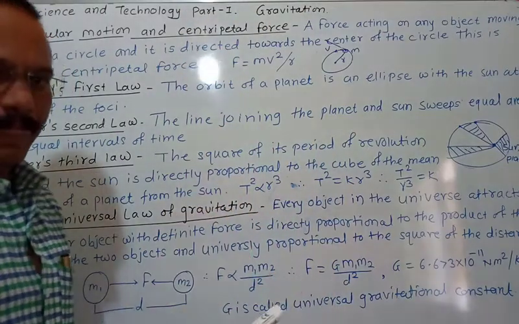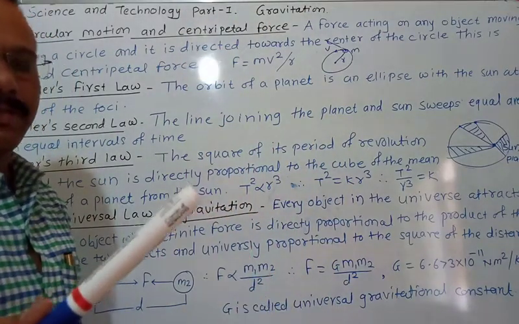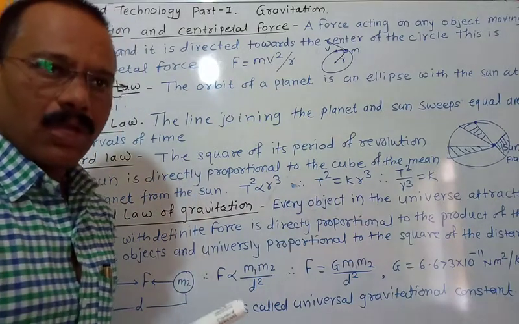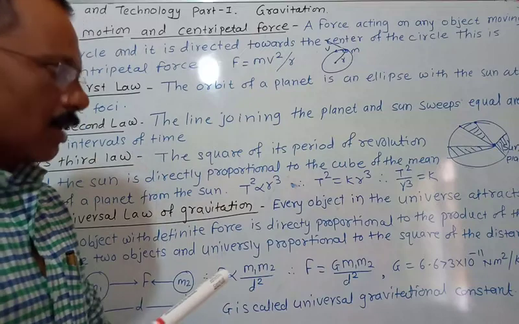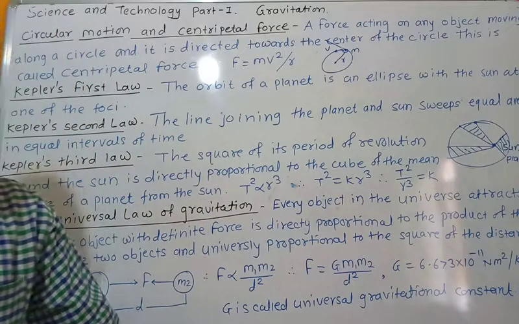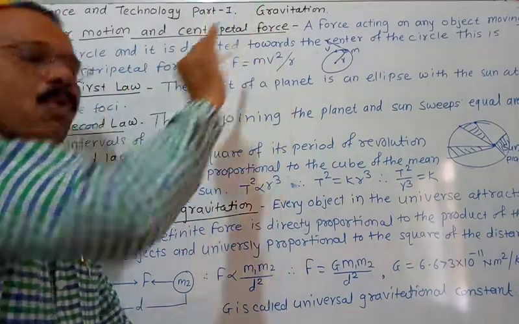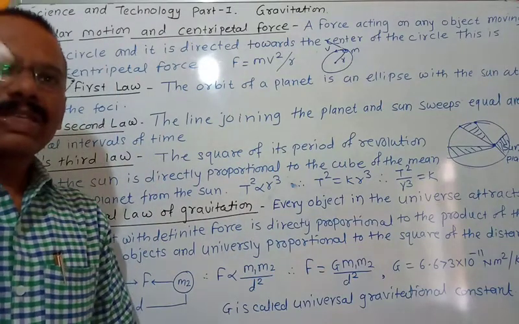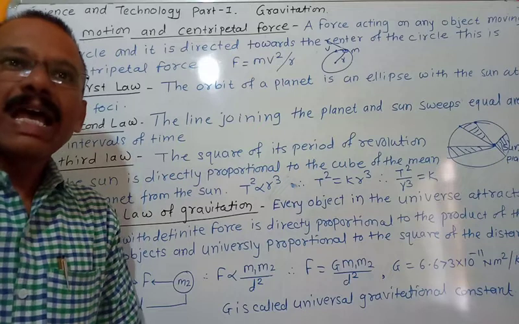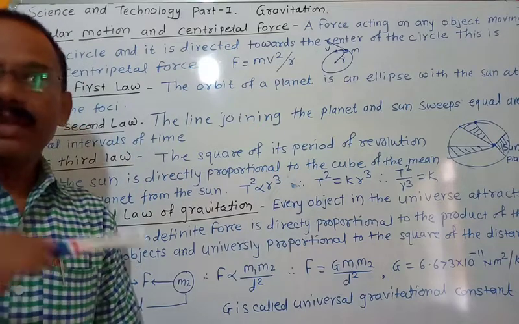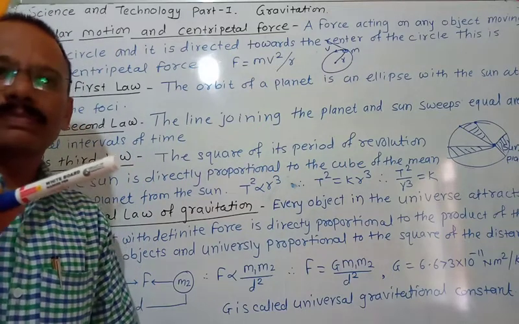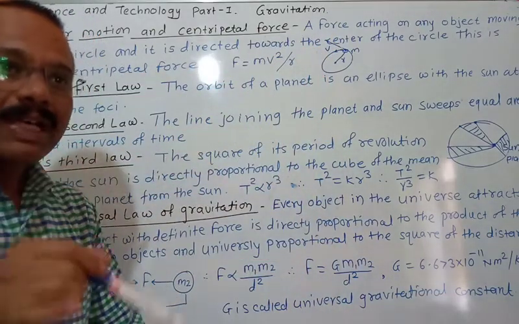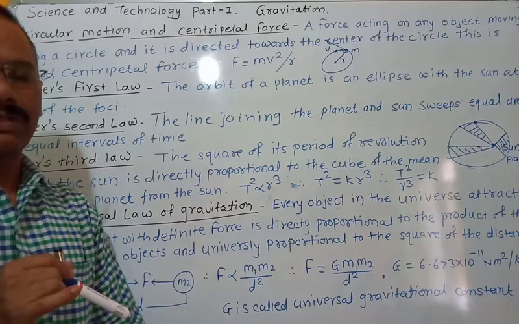The same force applies to the moon, which is the natural satellite of the earth. The earth applies the centripetal force on the moon also, so it moves in its orbit, and due to that motion the moon does not fall on the earth.